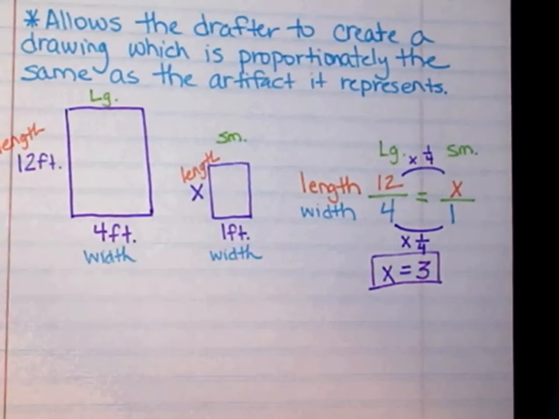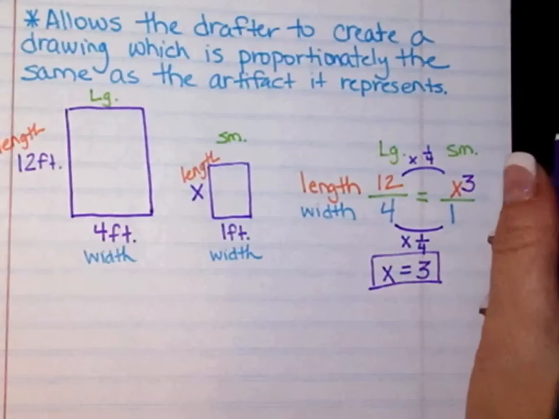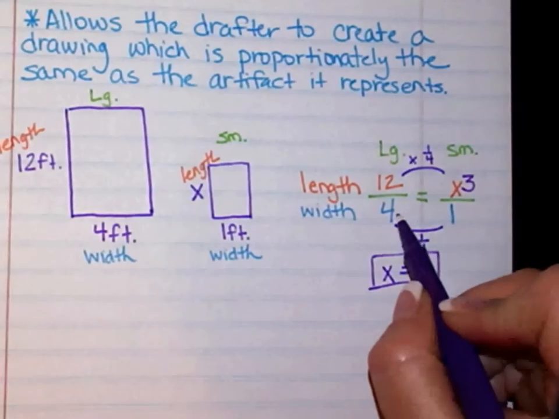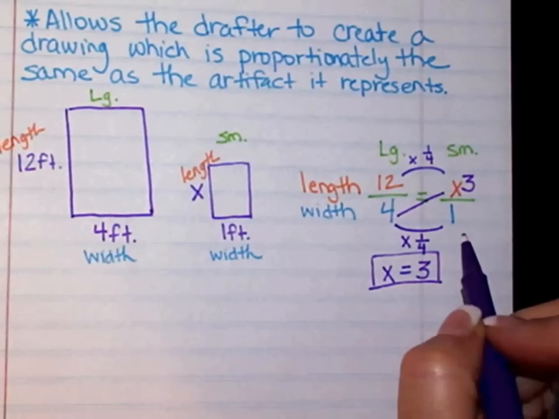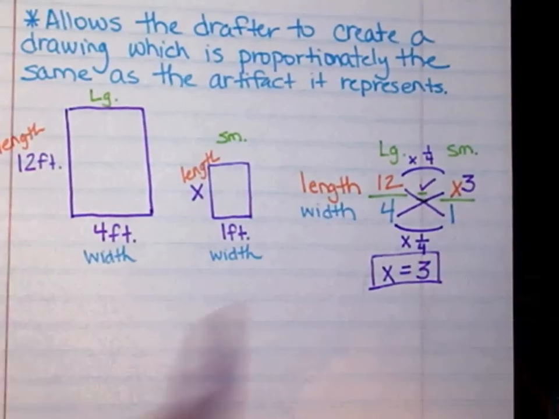Now for me to check that information, I can actually put the 3 in. If I say this X is 3, I should be able to check. Cross multiply. 4 times 3 is 12. 12 times 1 is 12. They are equal. It checks.